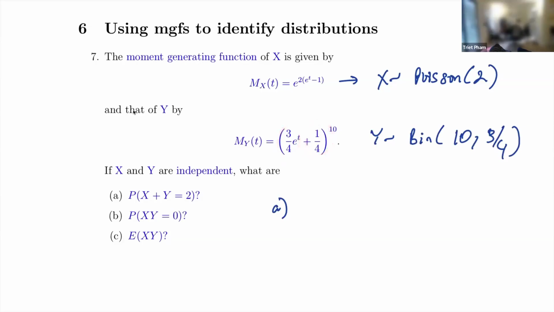From there, of course, the probability that the sum equals 2 is a product, because they're independent.